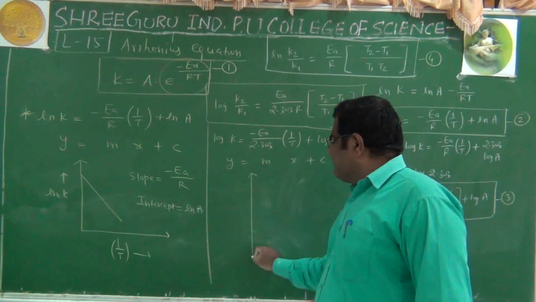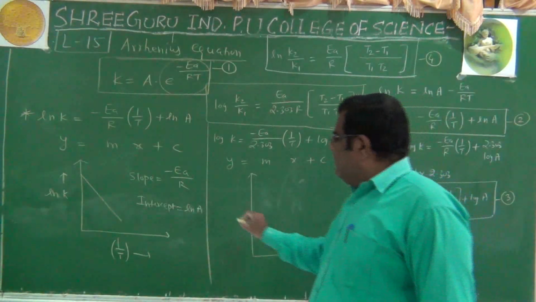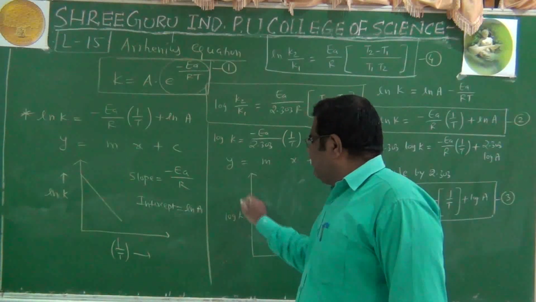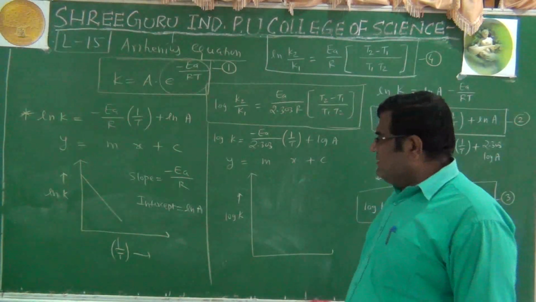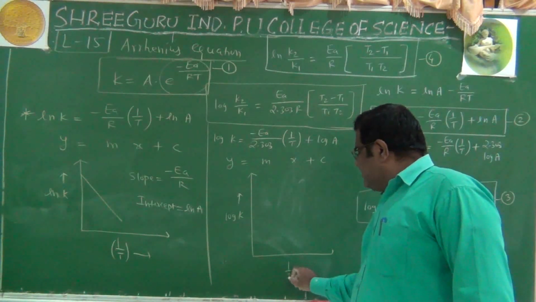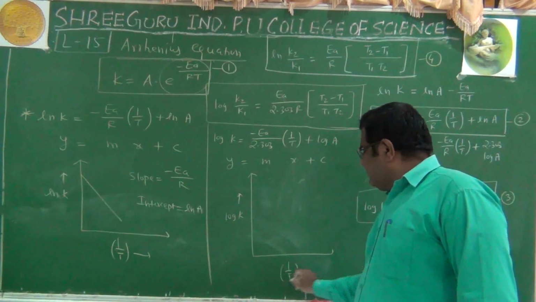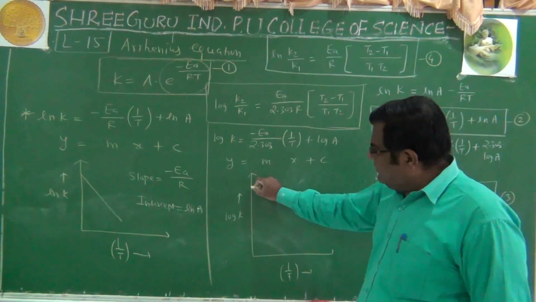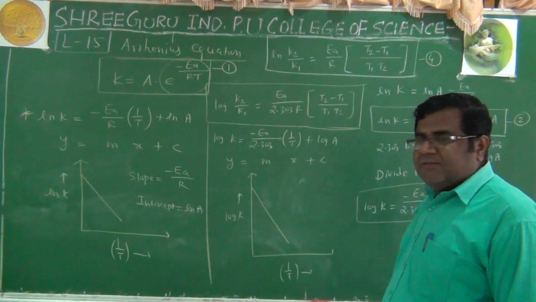So we can plot like this: log K on the y-axis and 1 by T on the x-axis. We get this negative slope.